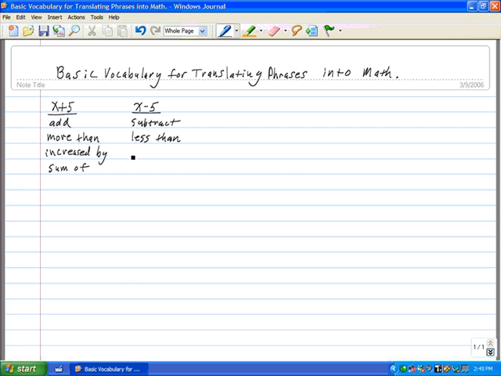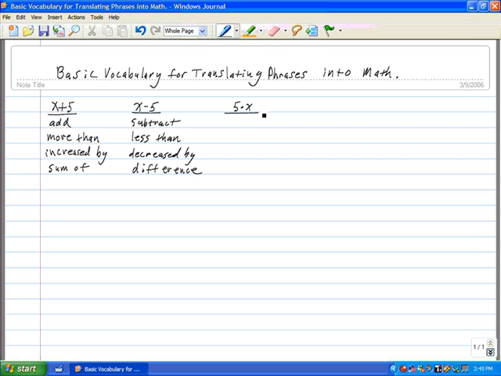We could say that this is a number decreased by 5. And we could also use the word difference. Okay, so we could say the difference between a number and 5.